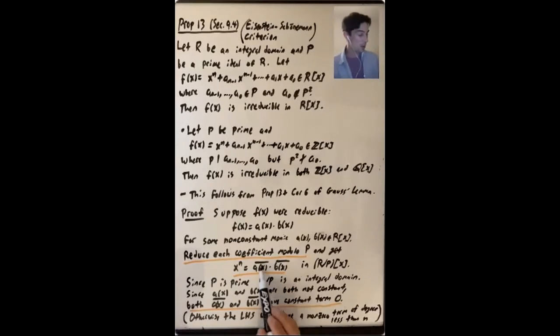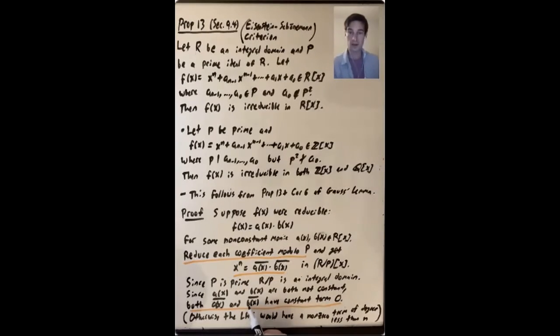For example, if both of them had constant terms that were not 0, then in the product of the image of A of x and the image of B of x, you would have the product of those two constant terms. And because we're in an integral domain, that would give a non-zero constant term on the right-hand side, which is not possible because the constant term on the left-hand side is 0.